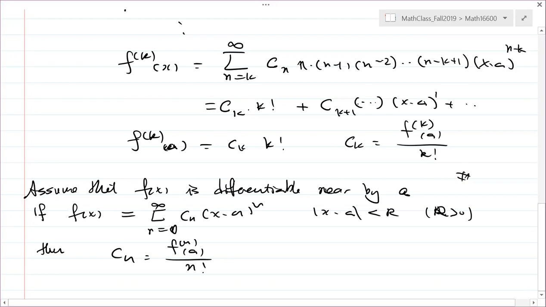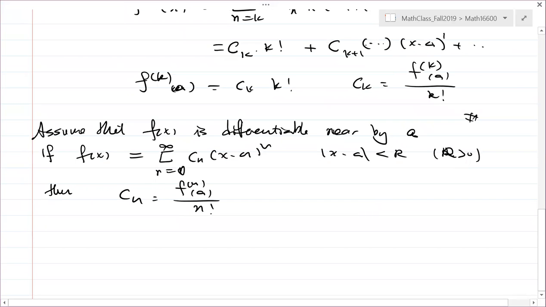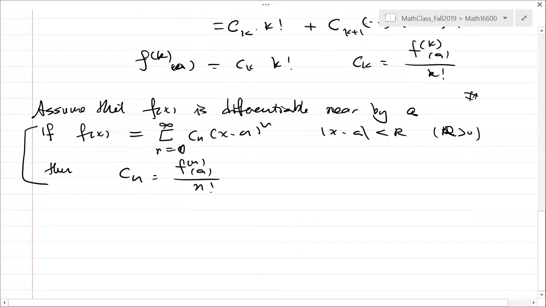My question is, given a function, you construct this power series. Just assume it's there; that part is only an assumption. Assume that f is differentiable nearby a.